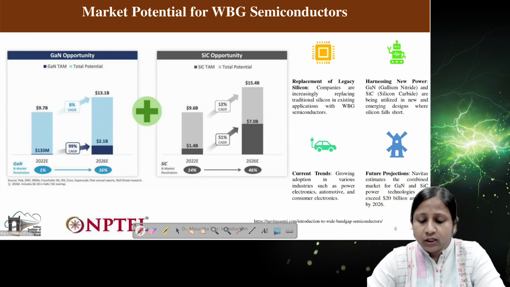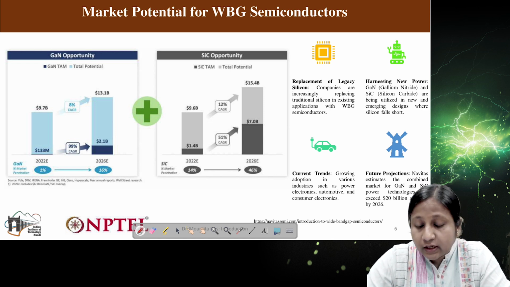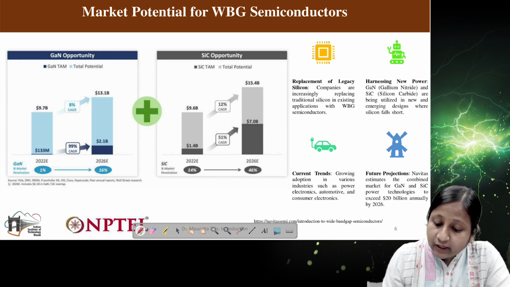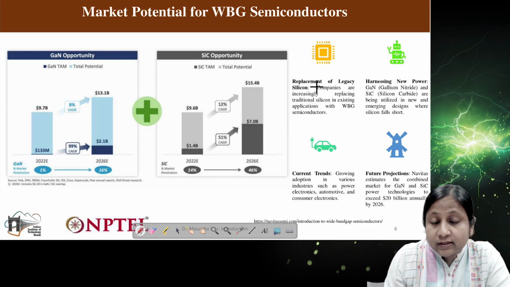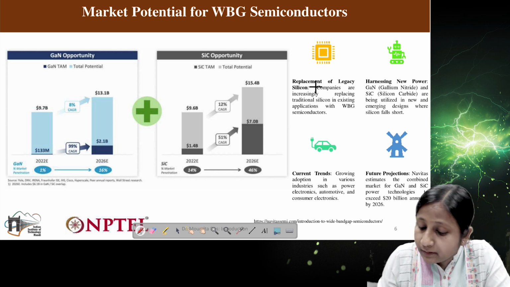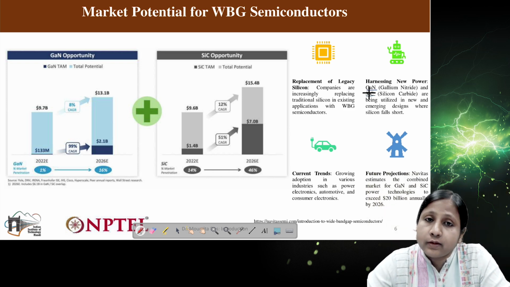You can see here the trend of the market of these wide bandgap devices, where exactly we are focusing. Right now we are focusing on replacing silicon devices with wide bandgap devices. These wide bandgap devices are basically gallium nitride and silicon carbide, and they are available commercially.